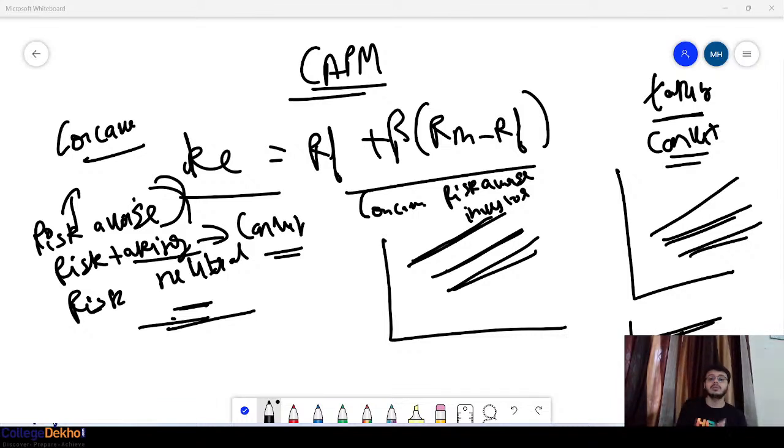But that is not possible in the real life scenario, because there might be a risk taking person who has invested 80-85% of his amount into equity, right? And that person might be having higher growth चाहिए होगी. That person might be expecting a 20%, 30% return. Whereas a person who might have invested into fixed income instruments might be a risk averse investor. He might just be expecting 8% to 9%.